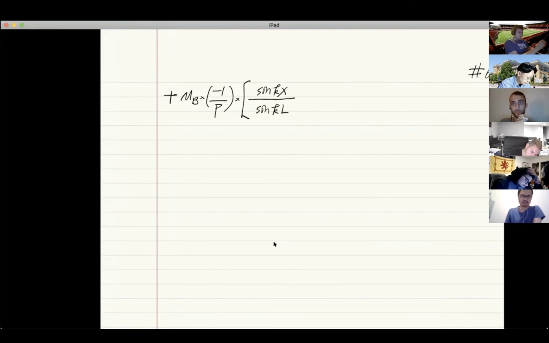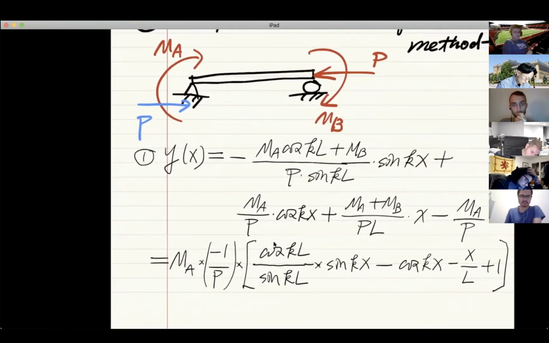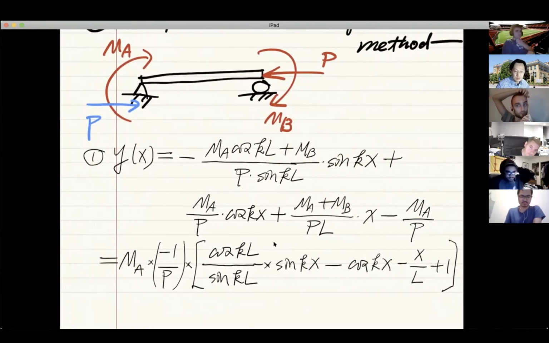So let's check. Come back to here. Sorry, I wish I could put it on the same page. What's MB? The coefficient associated with MB is sine KX and also sine KL, right? And don't forget there's a negative sign here. So that's the first term.